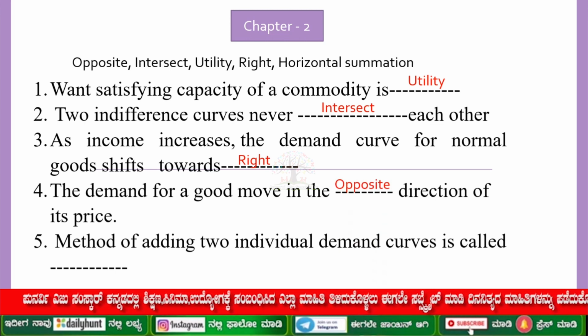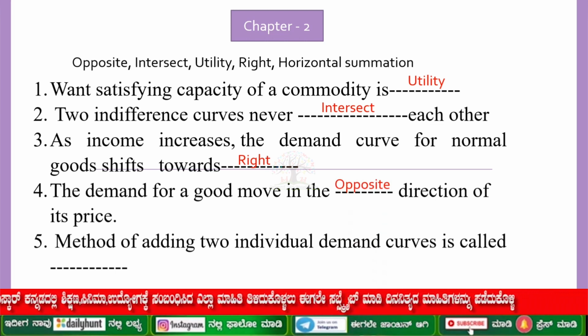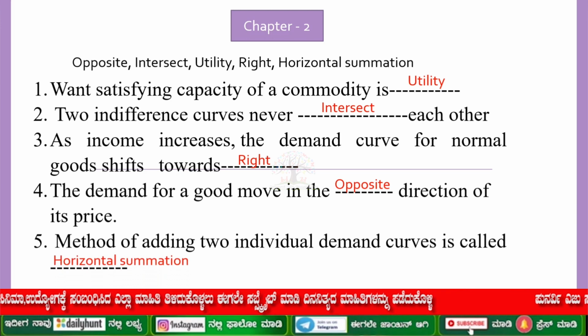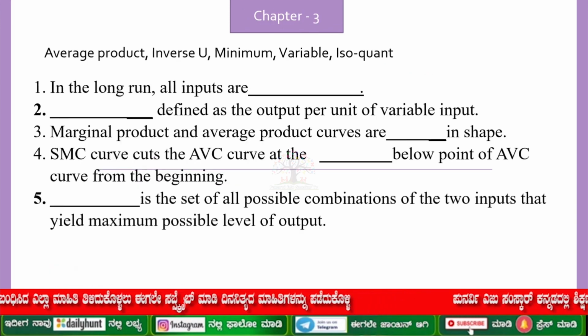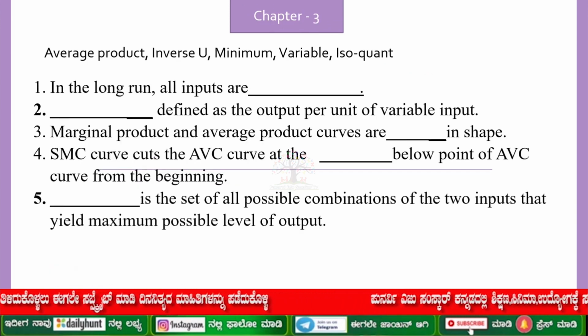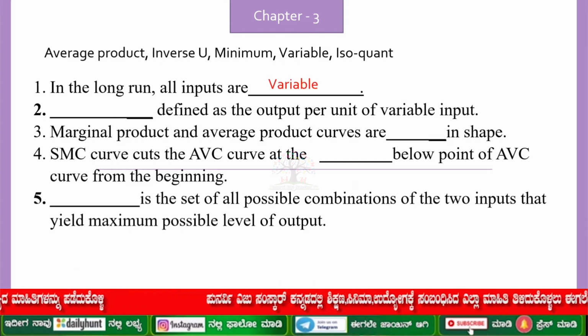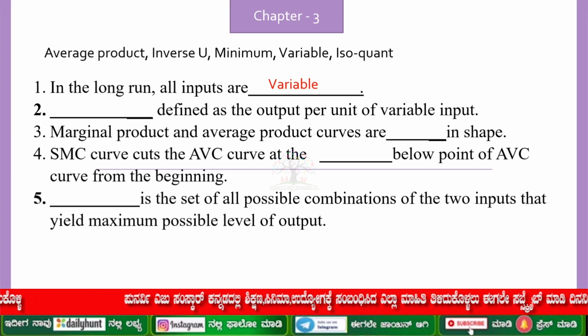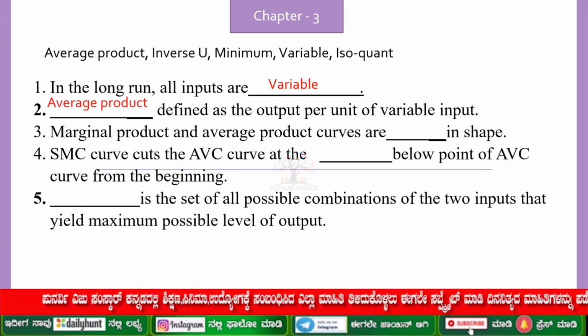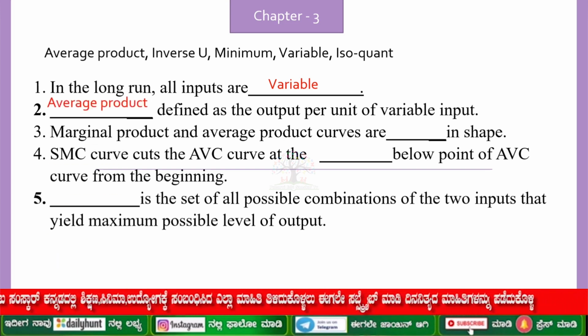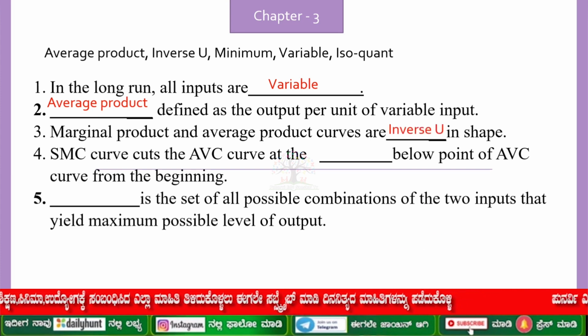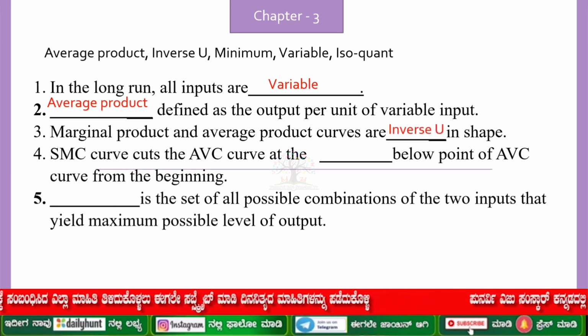Method of adding two individual demand curves, we call it horizontal summation. In the long run, all inputs are variable. Average product is defined as output per unit of variable input. Marginal product and average product curves are inverse U shaped.